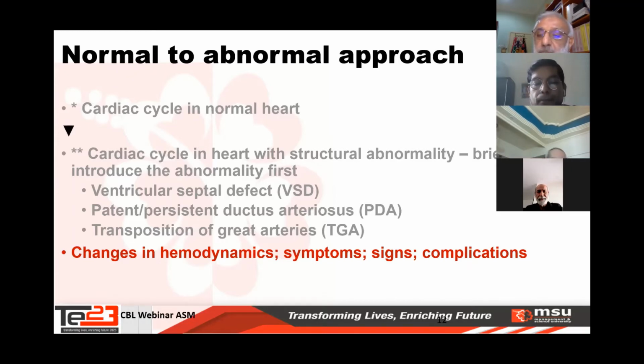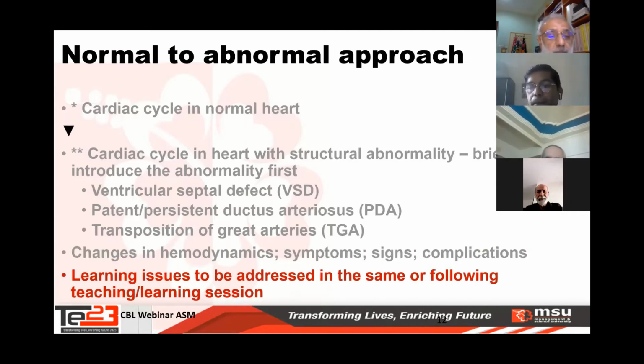And then students have to think about the pressure changes, about the mixing of oxygenated and deoxygenated blood, what could be the oxygen saturation, what could be the pressure changes, and what could be the complication. So in this example, clearly we see that if students understand what is a normal cycle, they would be able to think about what would happen to hemodynamics if there is a VSD or PDA or TGA.